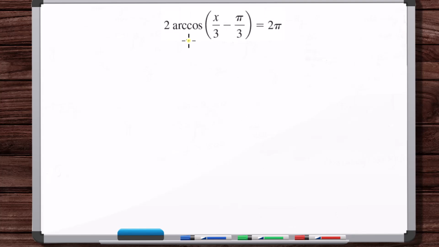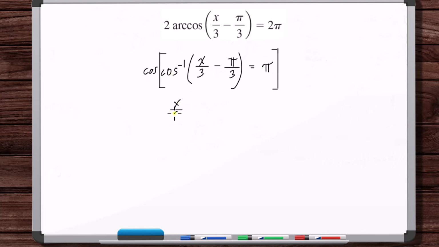All right, now here let's divide both sides by 2. Okay, now take the cosine of both sides, and so we're left with, now again, there's only one value here.